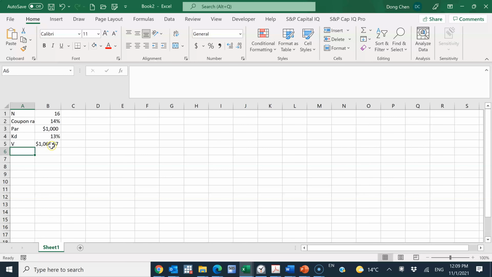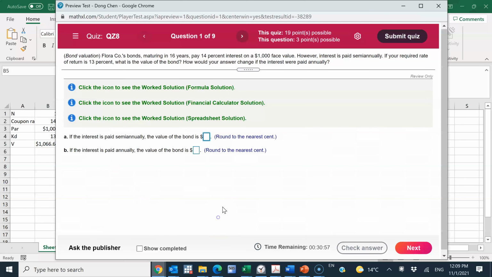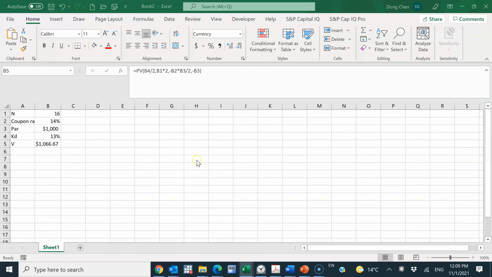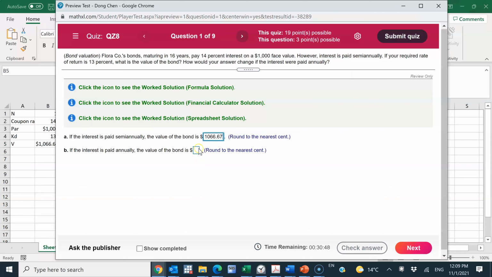I guess it just happened to be the case because I rounded to 2 decimal places. If not, you can just format the cell and change that to be rounding to 2 decimal places. So let me just copy that number back, 1066.67, and then continue to the second part.